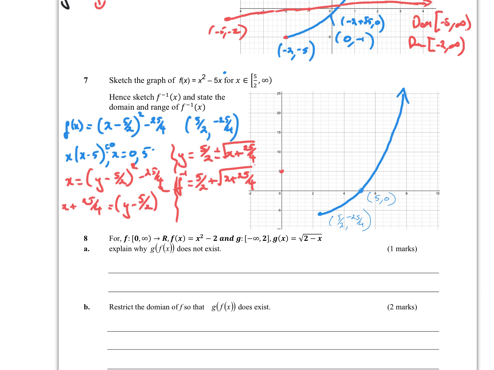Okay. -5 on 2 is the new y coordinate of the turning point. So what's that, 2.5? So it's along this line. So it's going to be out here somewhere. Okay. And we know they join along the line y equals x. So the scale's going to be a little bit out for a range of reasons.